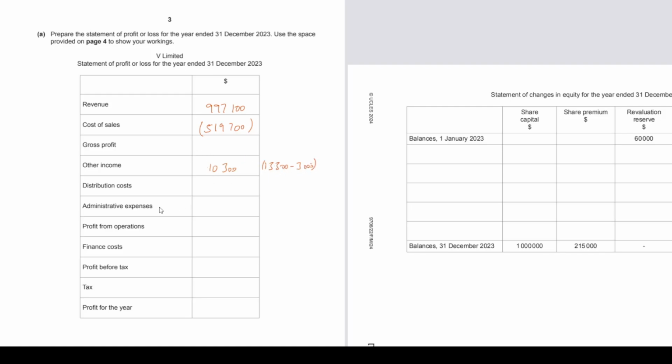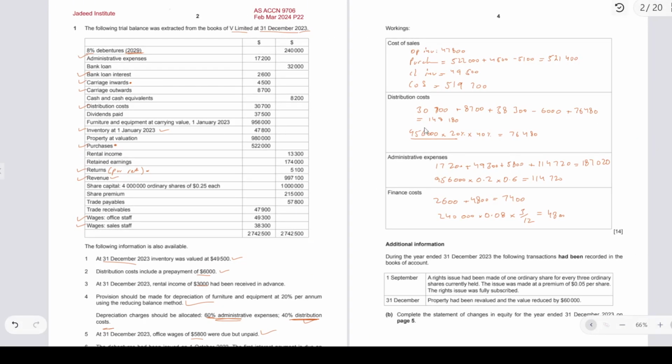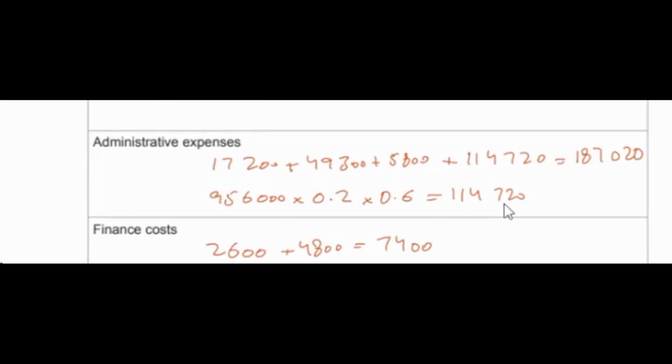Okay. Administrative expenses, we also got that, of course. Over here, we took 114,720 instead of 187,020. Well, just follow through that for the rest of the video, because that's the right figure.